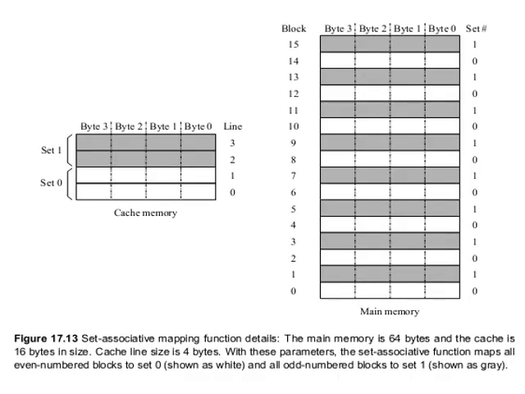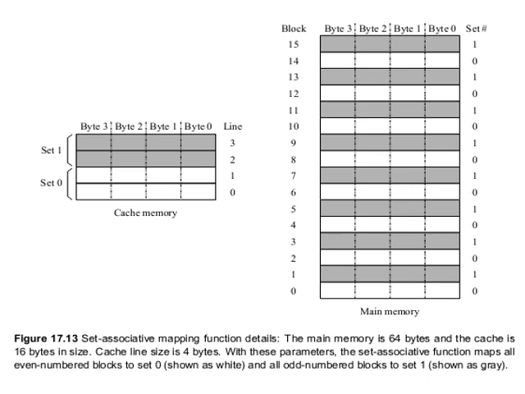In this example, we have taken the cache memory and divided it into 2 sets, set number 0 and set number 1. Now the shading shows you. Main memory block number 0 can go to cache memory set number 0, set number 0, not line number. Main memory block number 1 can go to cache memory set number 1.